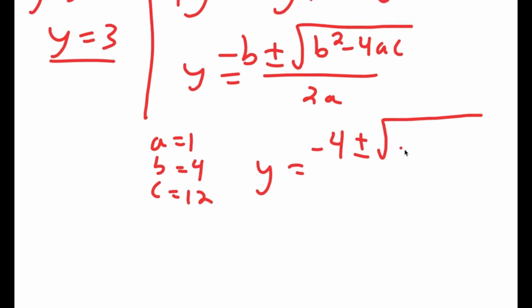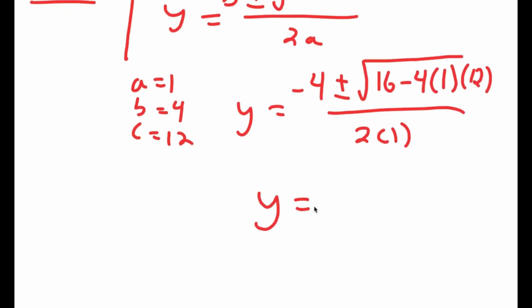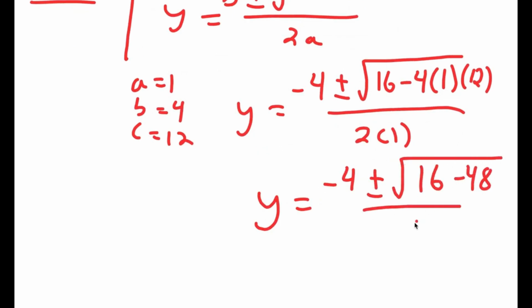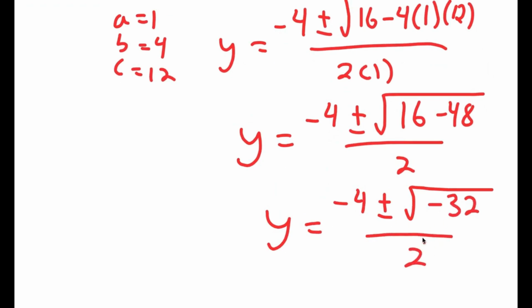B squared is 4 squared, which is 16, minus 4 times a, which is 1, times c, which is 12, all over 2a, so 2 times 1. And this is equal to negative 4 plus or minus the square root of 16 minus 48 over 2, which is equal to negative 4 plus or minus the square root of negative 32 over 2.